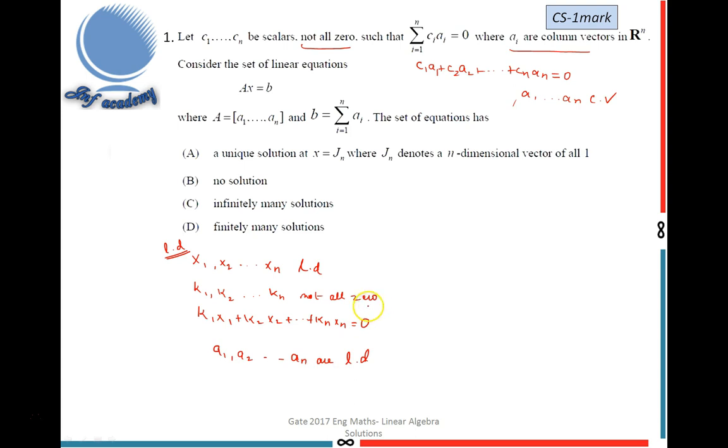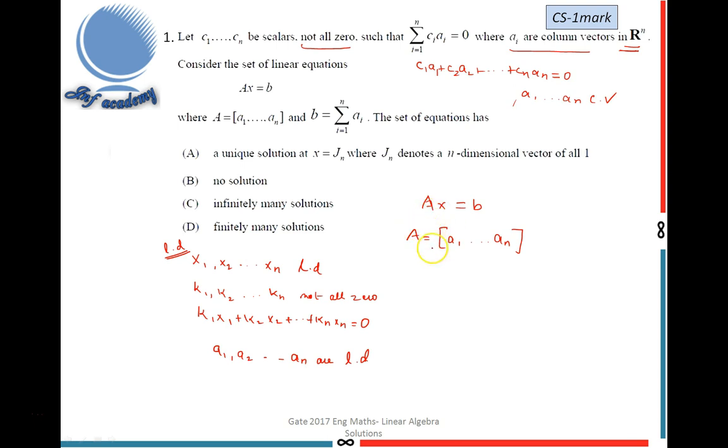Next, consider the set of linear equations. Here, the system of equations is given, that is Ax equal to b, where A equal to [A1, A2, etc., An], and A1, etc., An are column vectors in R power n.